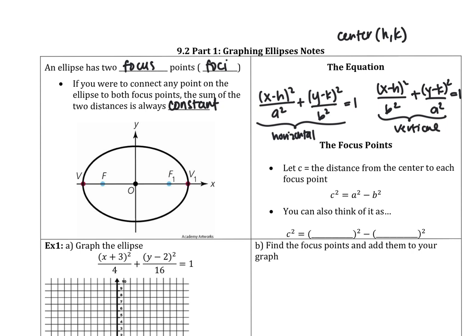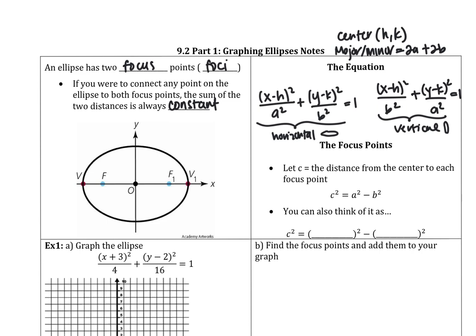So the major or minor axes are always 2a or 2b. So I'm going to just write that down really quick before we start labeling up our diagram here. All right, so this is a horizontal ellipse looking like this, a vertical ellipse looking like this. Let's label up our diagram over here, okay?